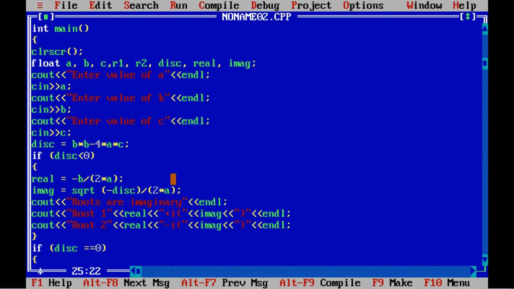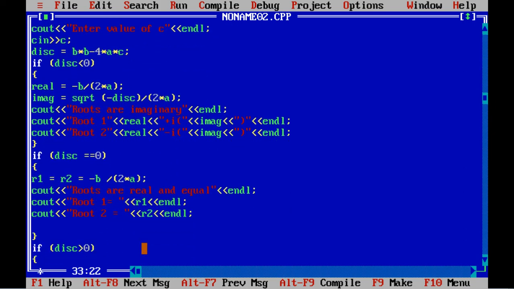The real part is −b divided by 2a, while the imaginary part is the square root of −disc divided by 2a. Here is the representation of the roots, inserting the iota in between. If the roots are imaginary, they will be displayed with this iota.